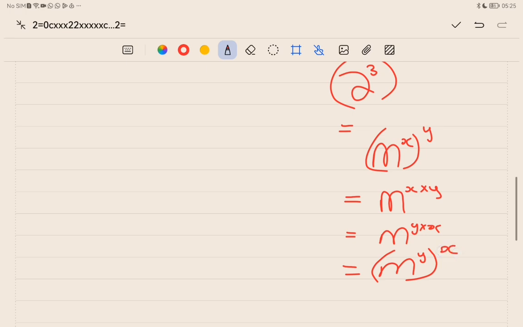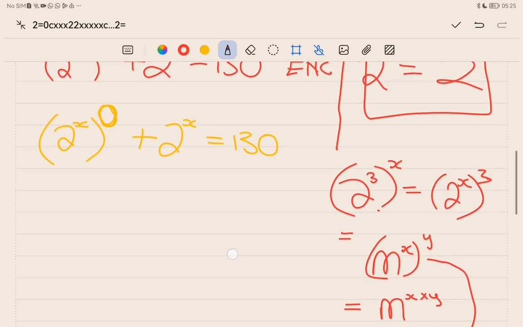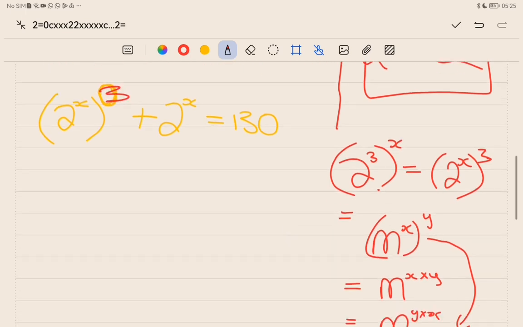Meaning that we can move straight from here to 2 to the exponent x, then the whole thing being to the exponent 3. So here the exponent is 3.